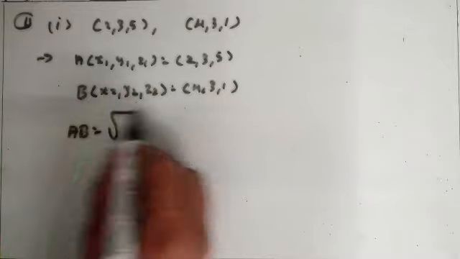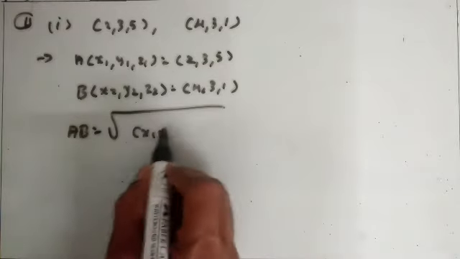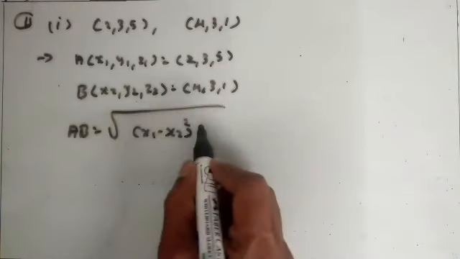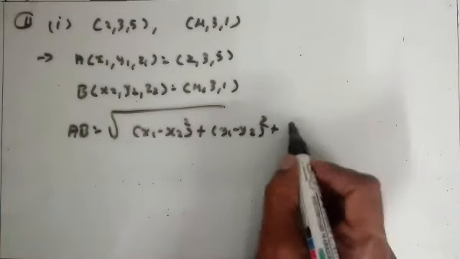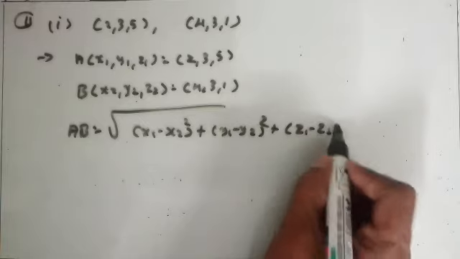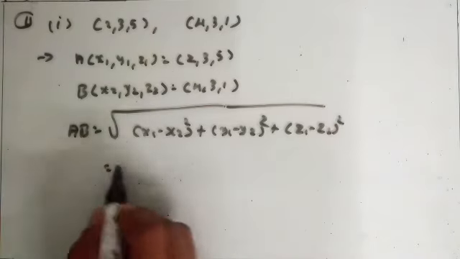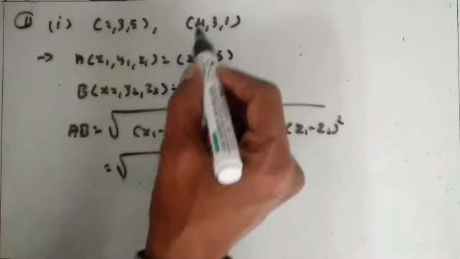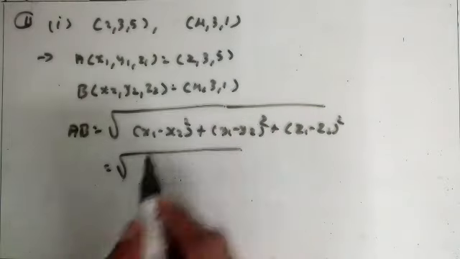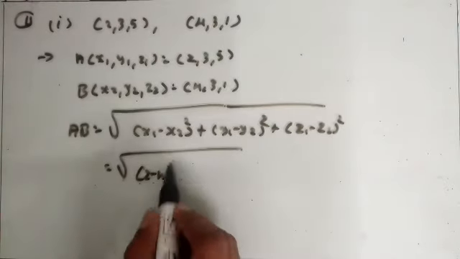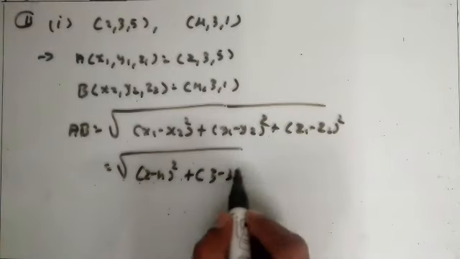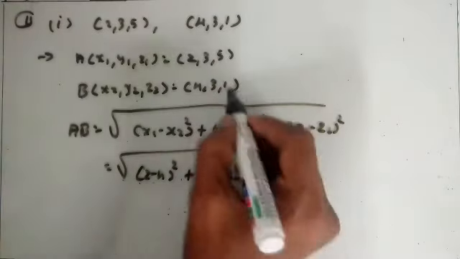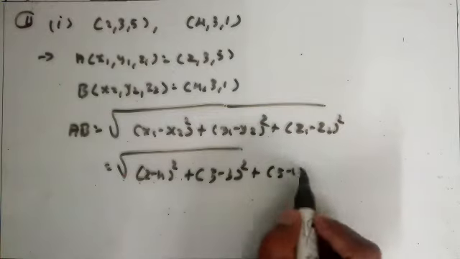So distance between A and B is equal to, we know that, root of x1 minus x2 square plus y1 minus y2 square plus z1 minus z2 square. So is equal to root of 2 minus 4 raised to 2 plus 3 minus 3 raised to 2 plus 5 minus 1 raised to 2.